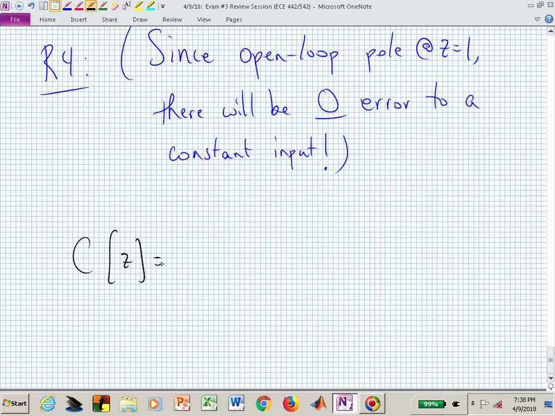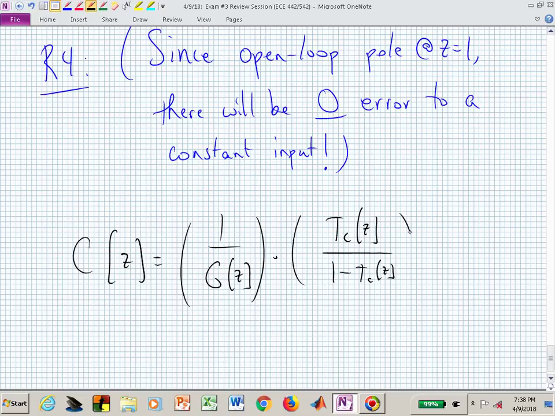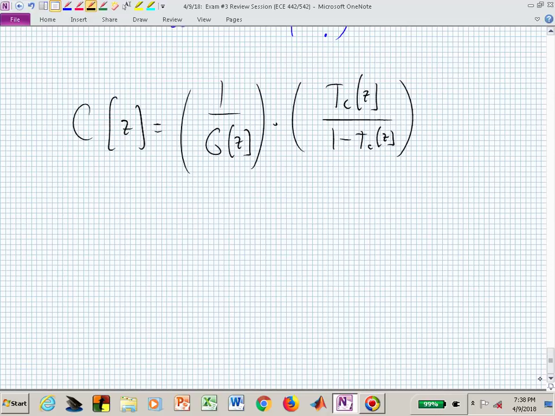We can now find C of z. That's 1 over G of z using the formula times T sub c of z over 1 minus T sub c of z. Let's just calculate T sub c of z over 1 minus T sub c of z on the side so that we can plug it in a minute.